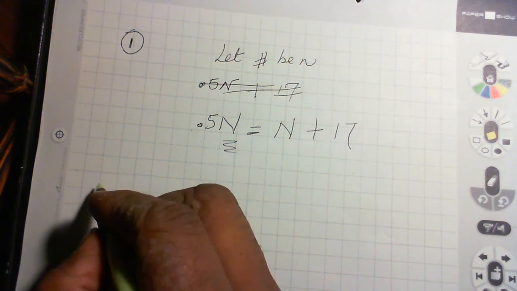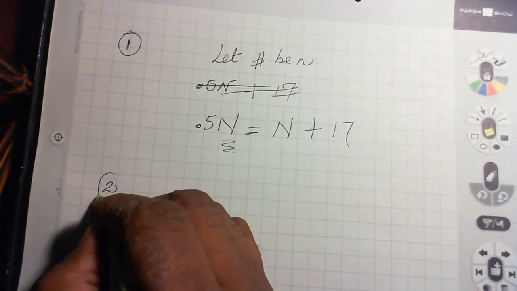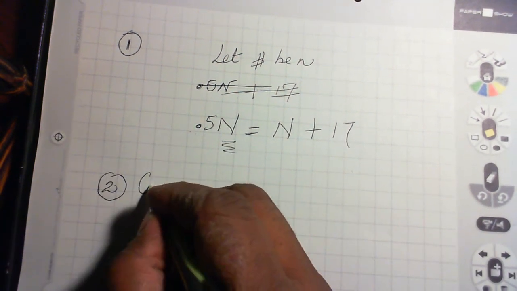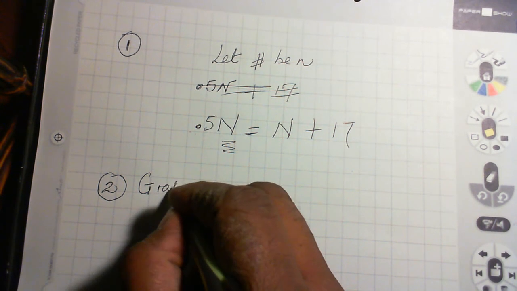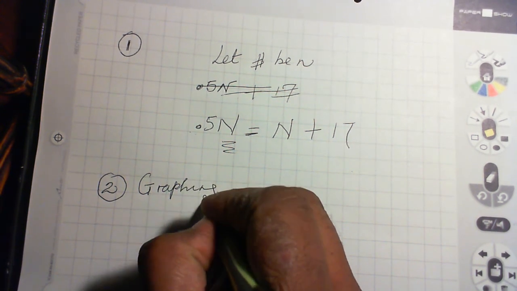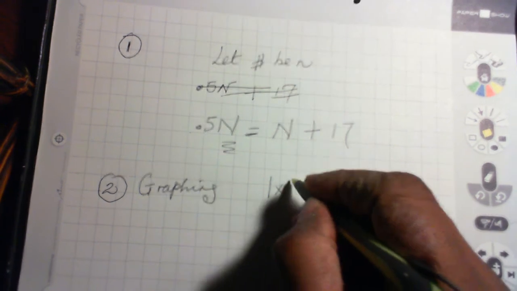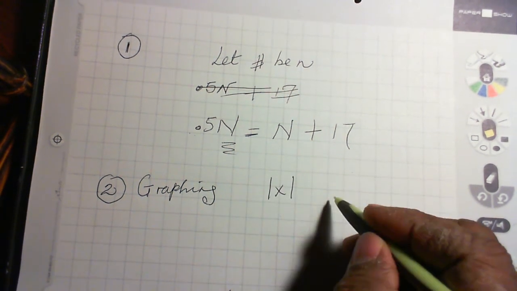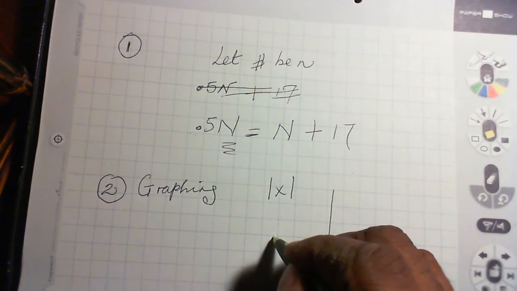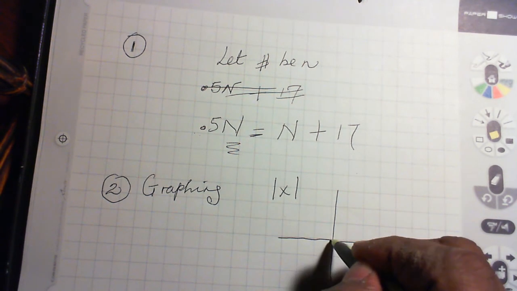Let's look at another problem that may be on the final exam. Graphing, of course, there is going to be quite a bit of graphing on the final exam. Remember, the graph of the absolute value of x is the shape of a V, right?